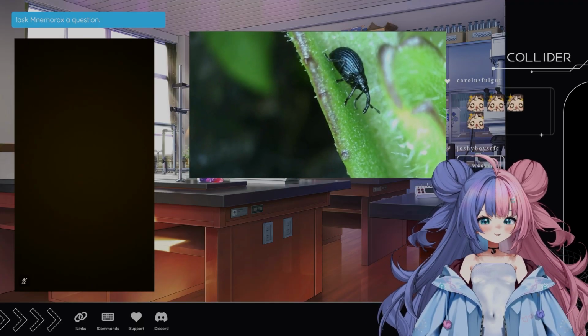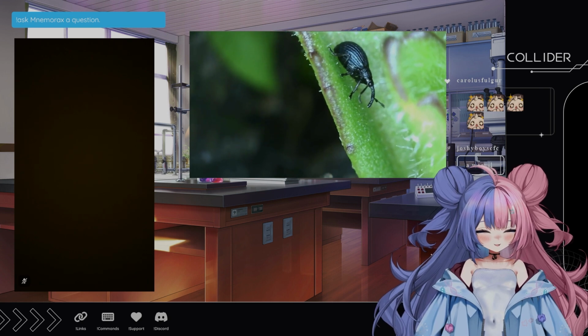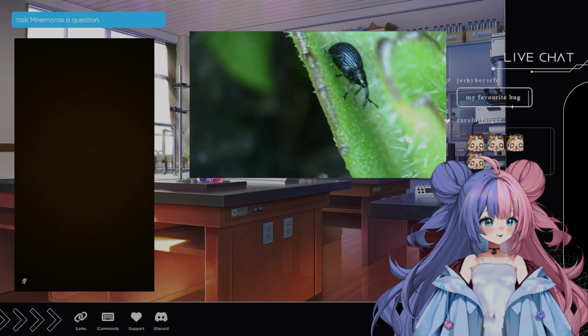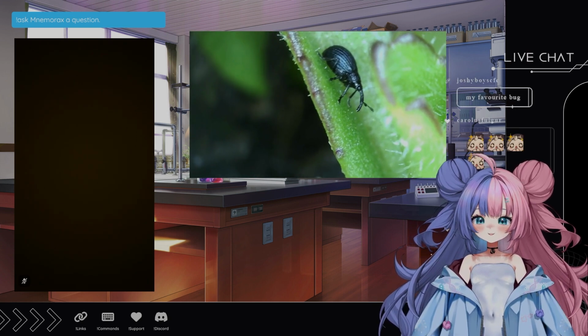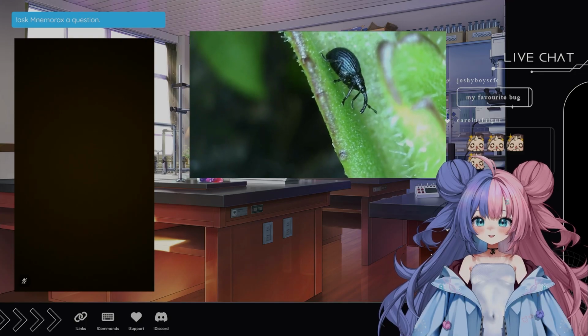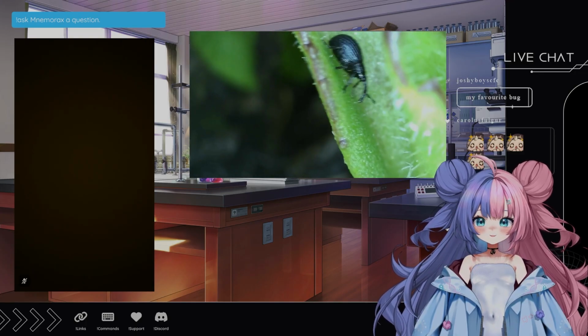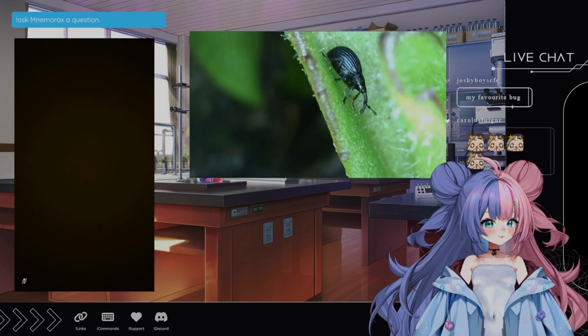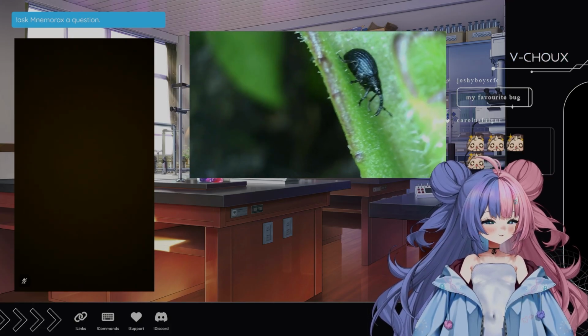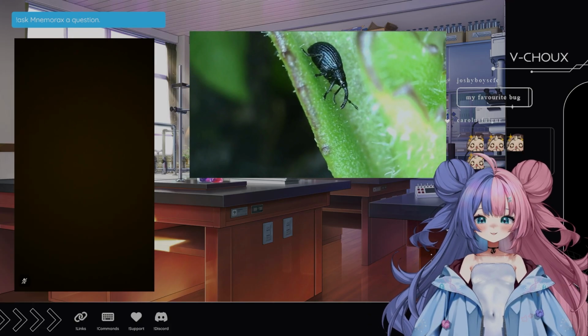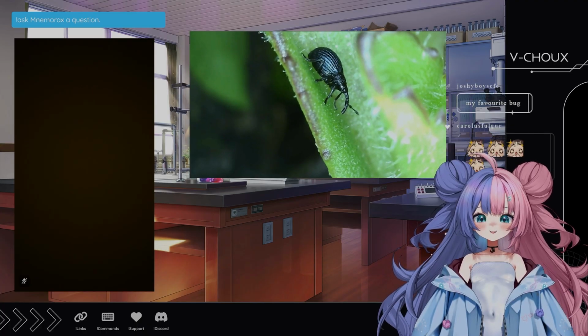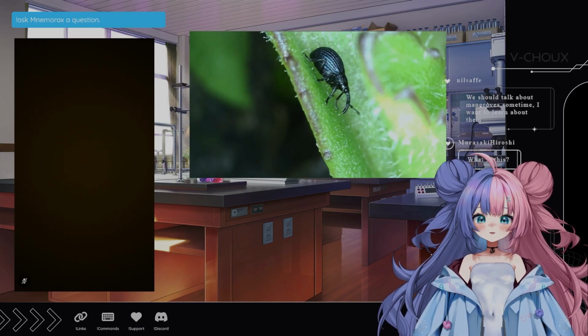So cute. I think I scared him. He's not moving. So cute! It's a weevil!